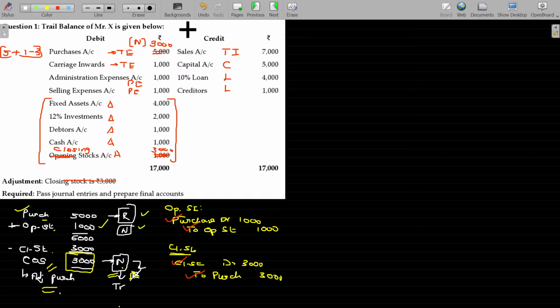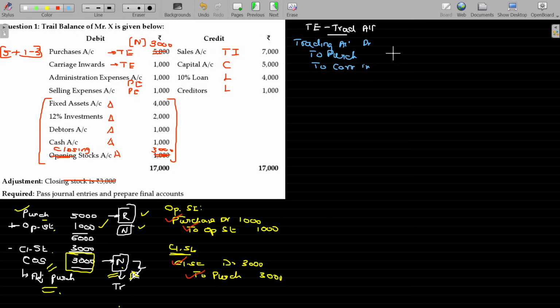Okay. So first, transferring the trading expenses to the trading account. What is the entry? Expenses are going to be credited and trading account is going to be debited. So the entry here being trading account debit, to purchases, to carriage in.